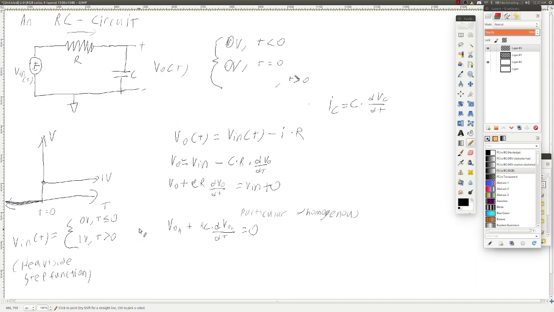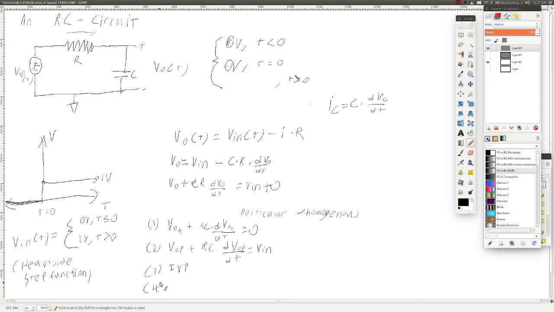So we're just going to go ahead and do part 1 here, which is dealing with the homogeneous case. After that, we'll come back and talk about part 2, the particular case, which is VOP plus RC times dVOP over dt is equal to V in. 3, we'll do something called the IVP, or initial value problem.